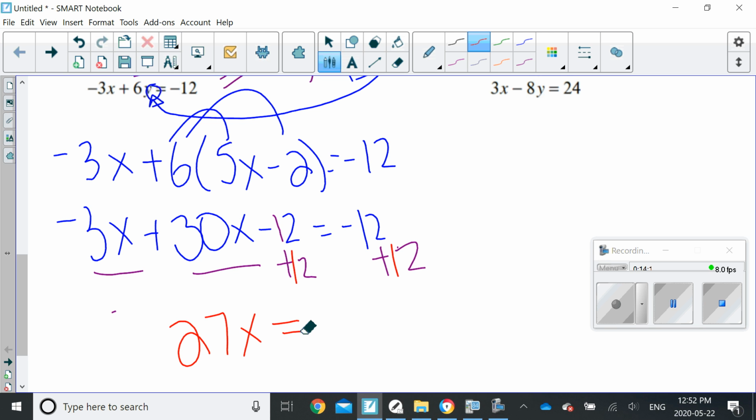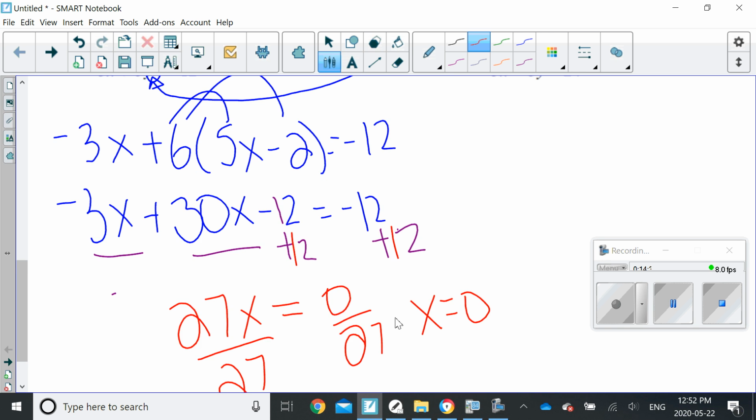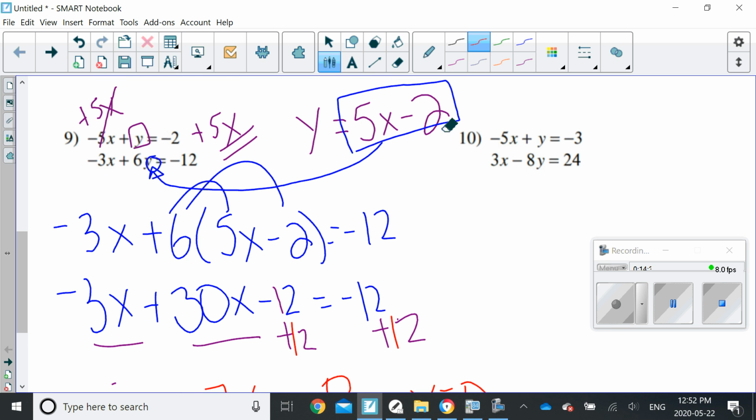And then now I'm going to add 12 to both sides. So 27x, negative 12 plus 12 is equal to 0. And then we've got to get x by itself, so divide both sides by 27. And I'm getting x is equal to 0. So now if x is 0, I have to go back up. I'm going to plug that into this equation here because I've isolated for y.